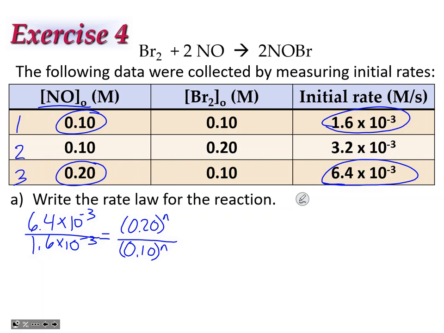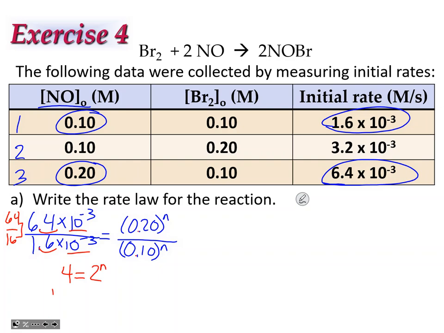Now for the mental math, this is how I do these when they're both to the power of minus 3. You could easily just move them both over 1 decimal, so that ends up being like 64 divided by 16. It's a much easier number to work with. So obviously this is going to go to being a 4. And then 0.2 divided by 0.1, that's going to be 2 to the n.